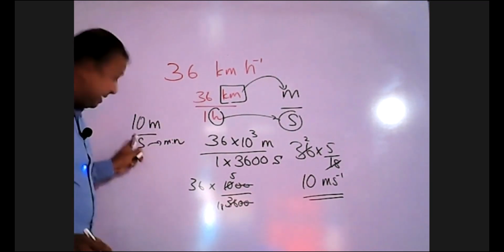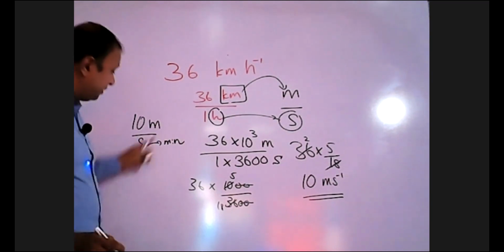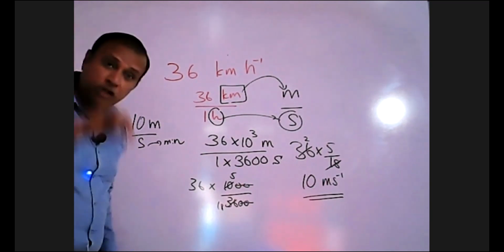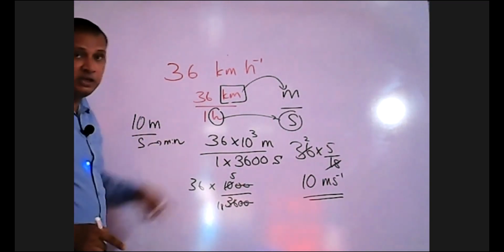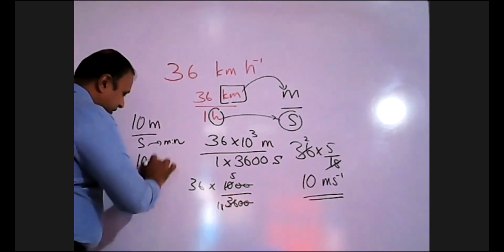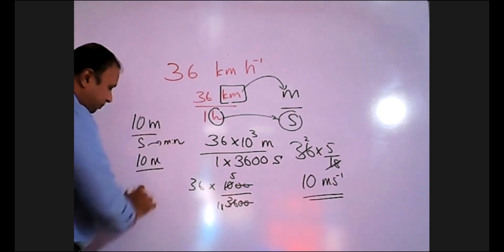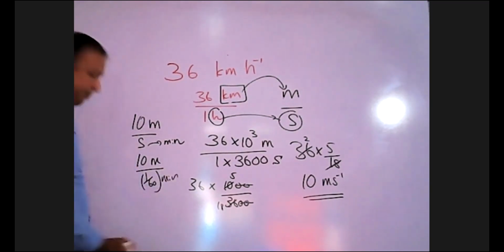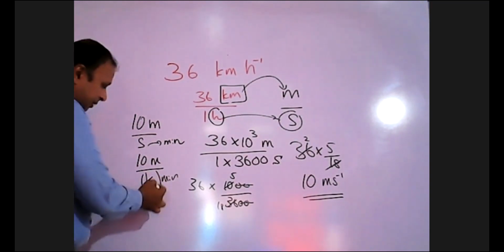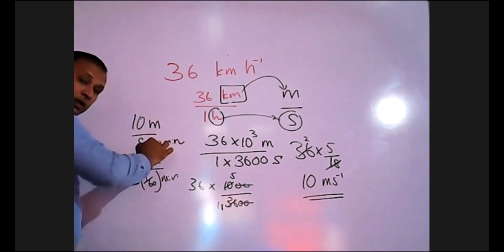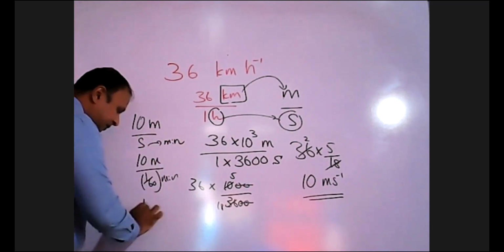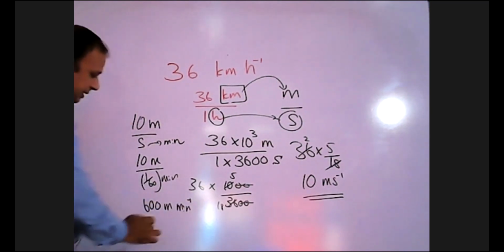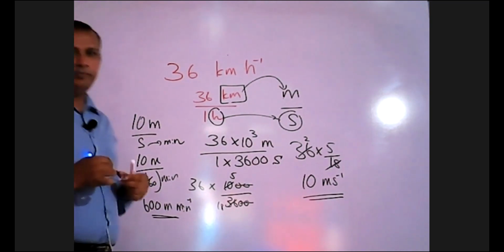That means a smaller scale should be converted into a larger scale, so I have to divide by the ratio between these two. So 10 meter divided by 1 over 60 minute. This 60 will go to the numerator, so my answer will be 600 meter per minute.